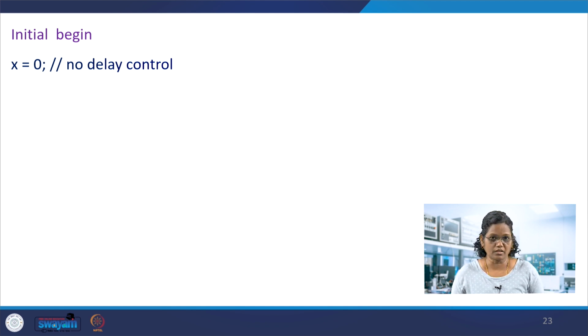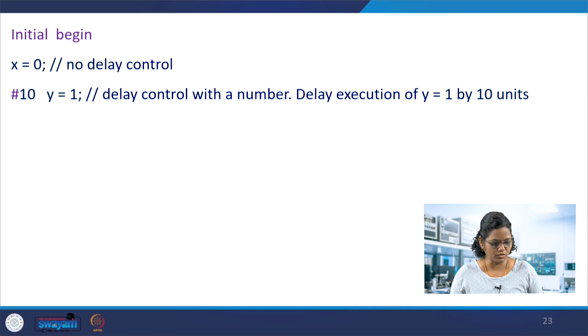So X is assigned 0 at time t equal to 0. Then hash 10, y equal to 1.